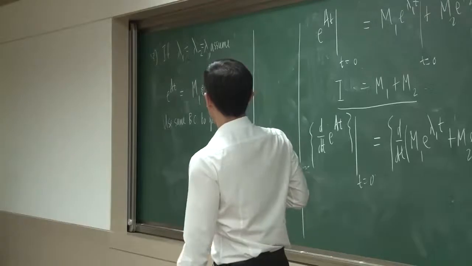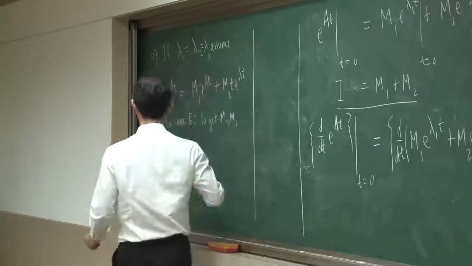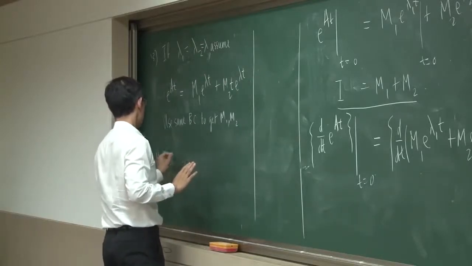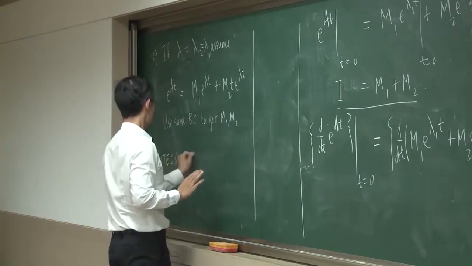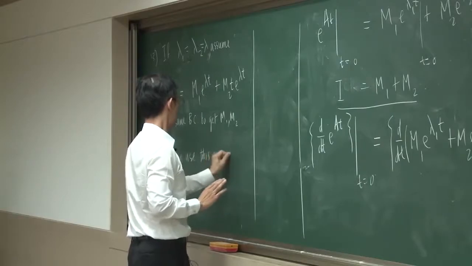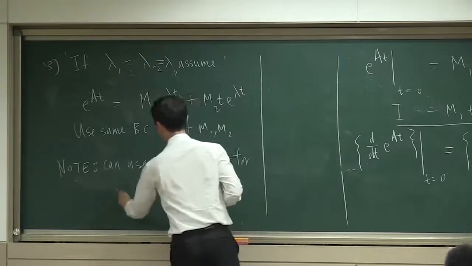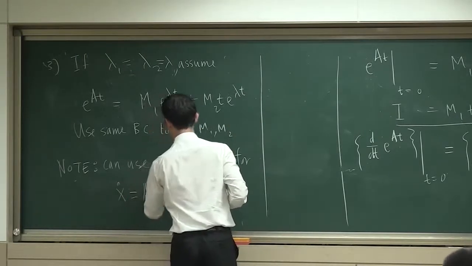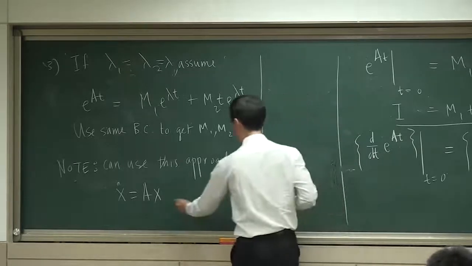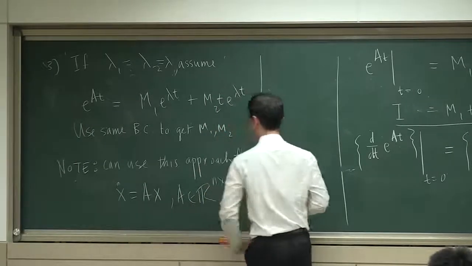All right, I didn't have to do this. The reason I showed you this is because this is a very general method. You can use this approach to solve any arbitrary linear equation of the form x dot equals ax, where a is n by n and x is n dimensional.